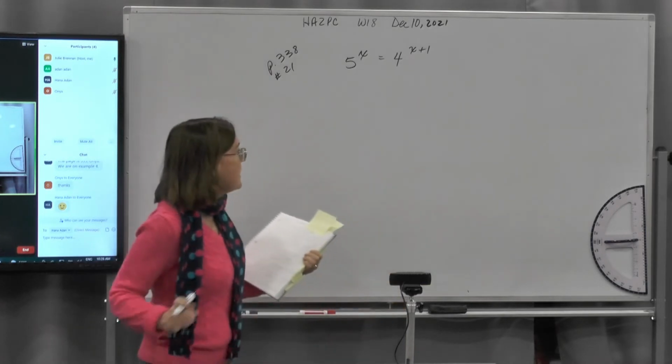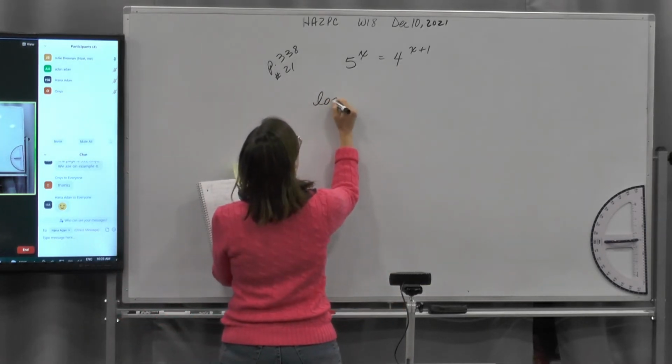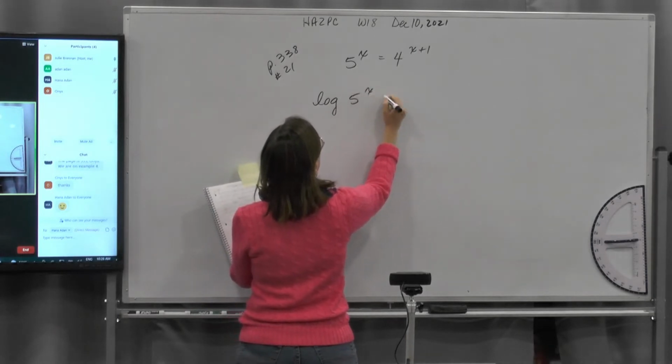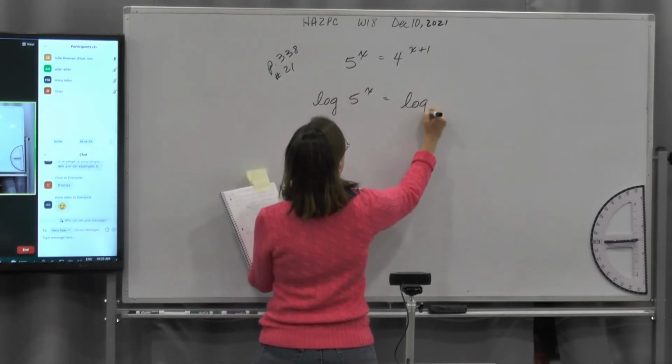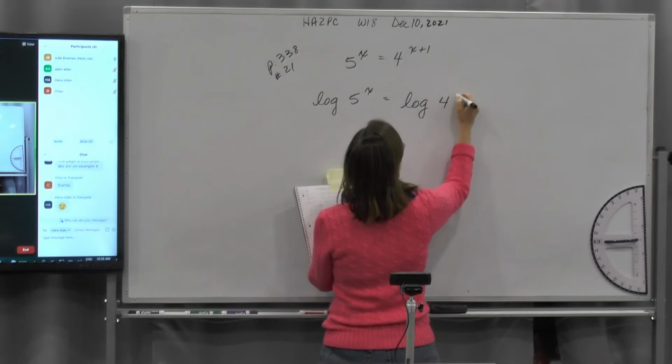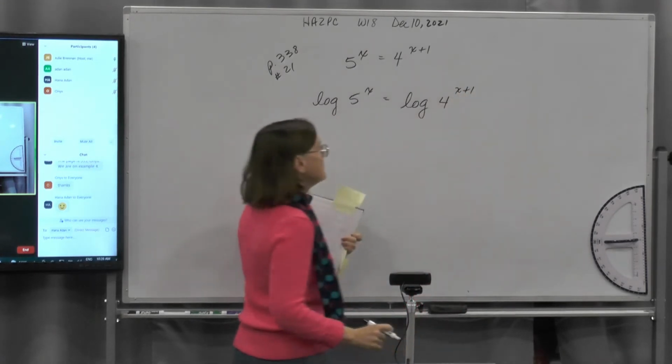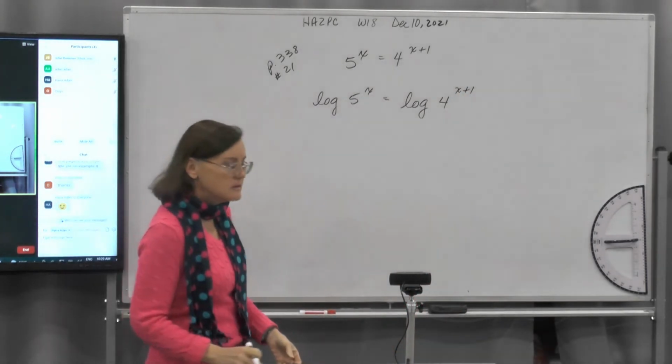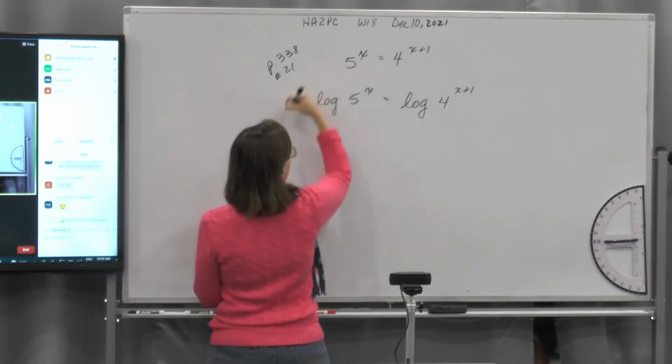The book would say, take the log of 5 to the x is equal to the log of 4 to the x plus 1, and then using my power rules, I'm going to bring that in front.